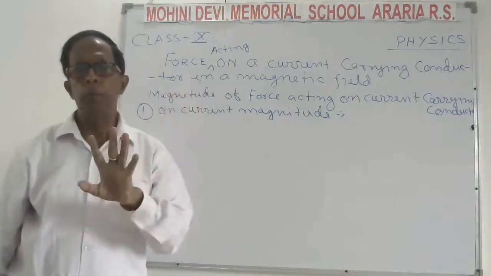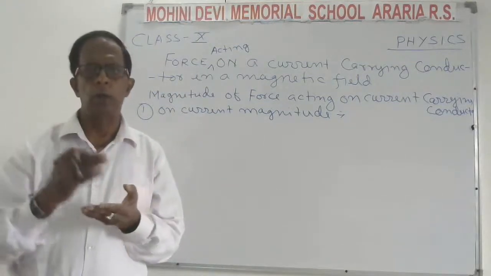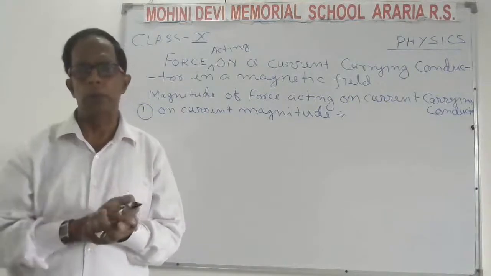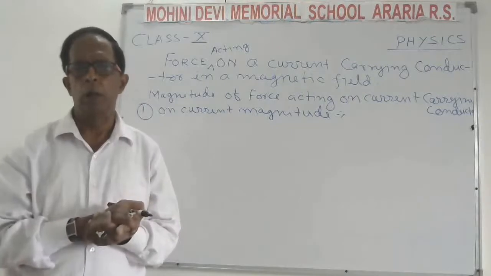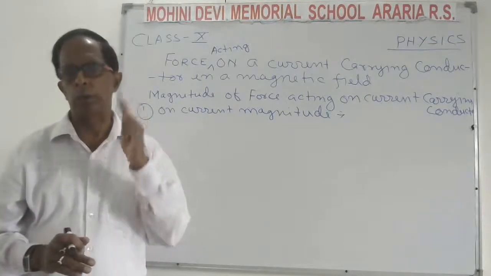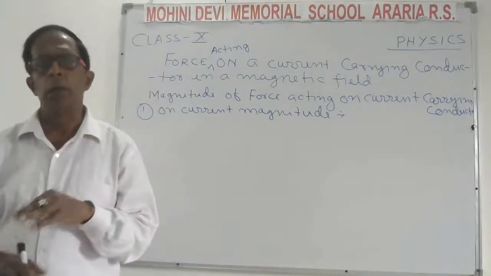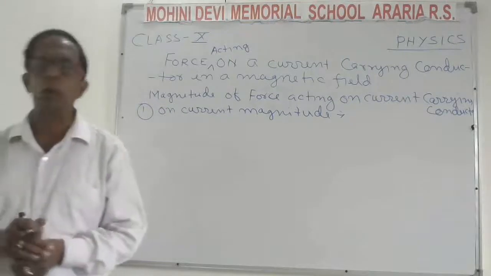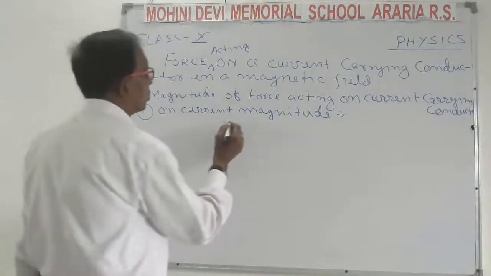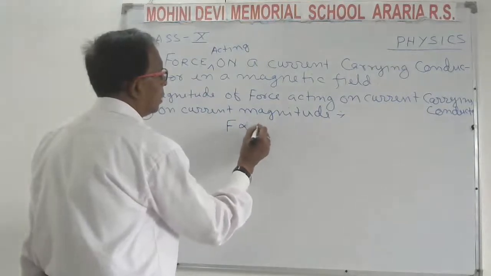If 1 ampere current is passing and in another conductor 5 ampere current is passing, then on the 5 ampere current the force is greater than on the 1 ampere current. It means the force is directly proportional to the current passing through the conductor. F is directly proportional to I.